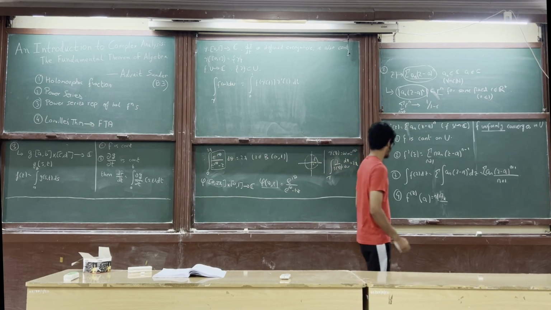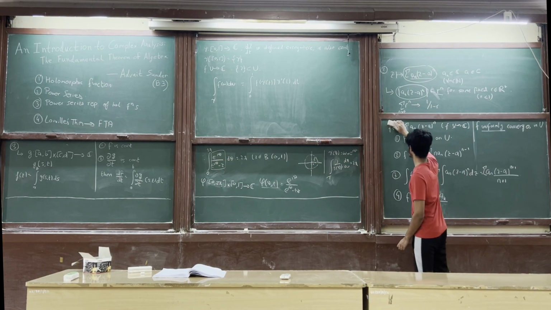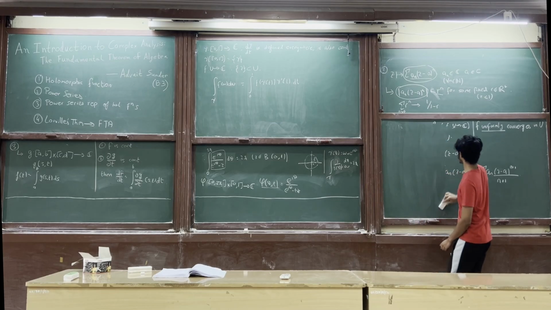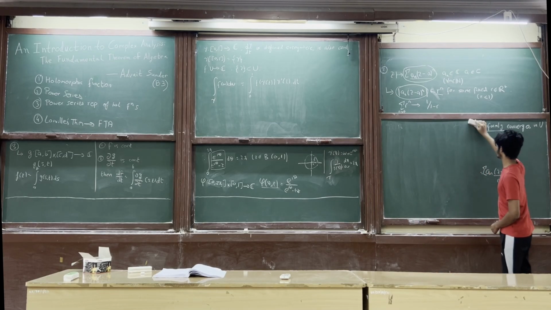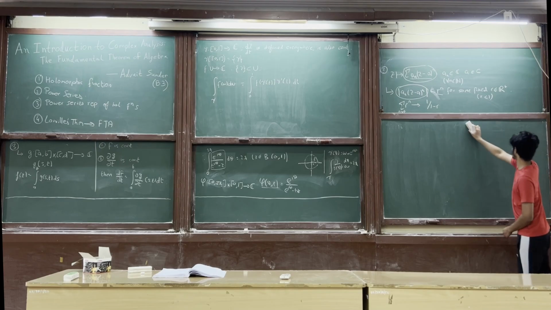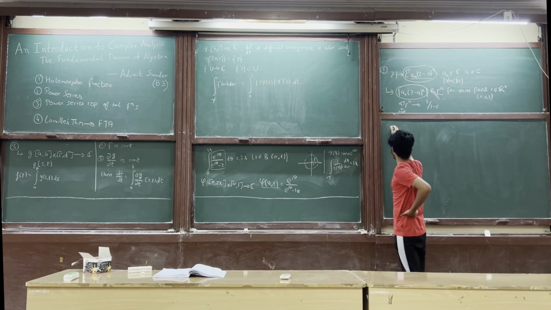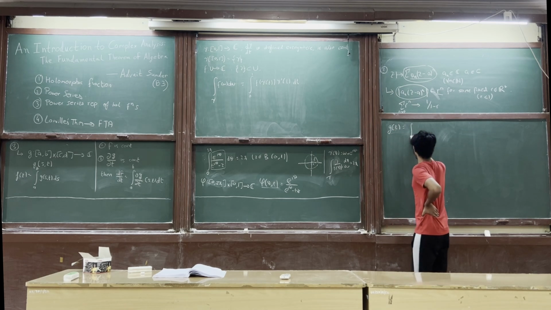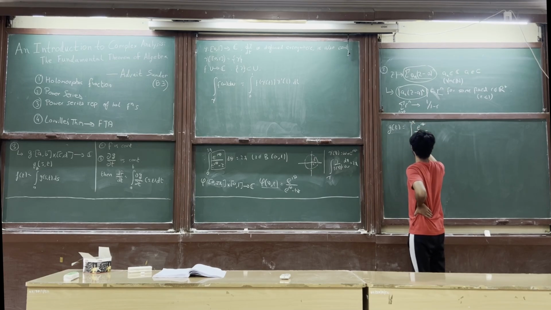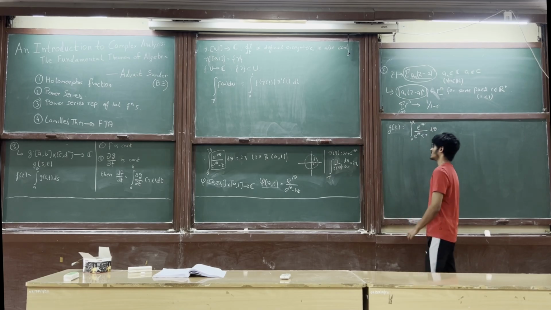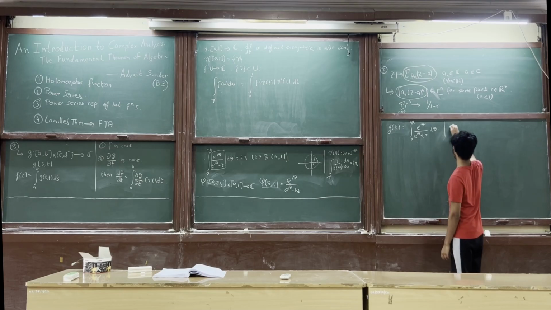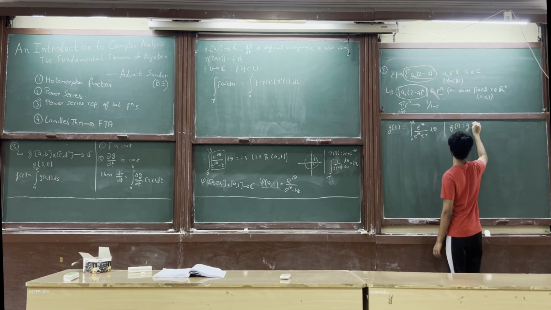So now we define g of t to be the integral from 0 to 2 pi of e power i theta over e power i theta minus t z d theta. Right? So we eventually want to show that g of 1 equal to g of 0.